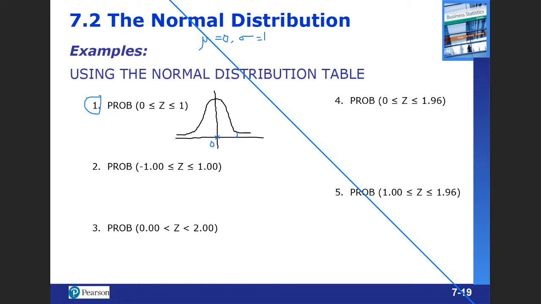So let's say this is the value 1. And I need to find the probability, I need to find the area between 0 and 1. So this is the probability that I'm interested in, between 0 and 1.